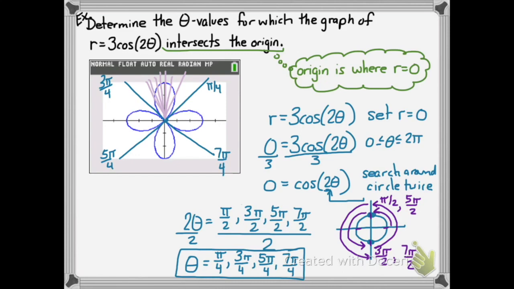Okay, so what we've just done is determine the theta values where our graph will cross or touch the origin.